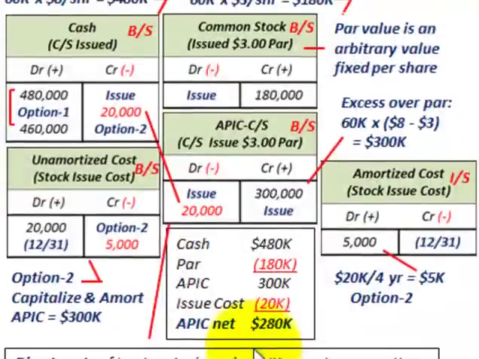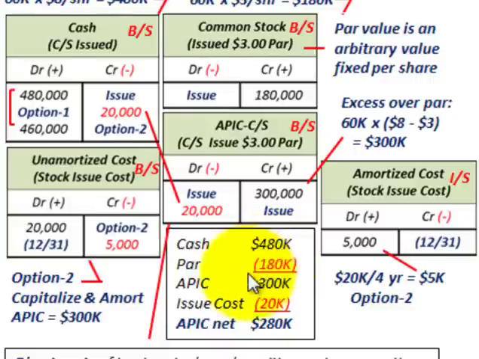So let's look at our different options. For our first option, we would reduce our additional paid-in capital, or debit it, by the amount of those issue costs of $20,000. To understand the net amount of additional paid-in capital with that option, we had our cash of $480,000 received and the par value of $180,000.